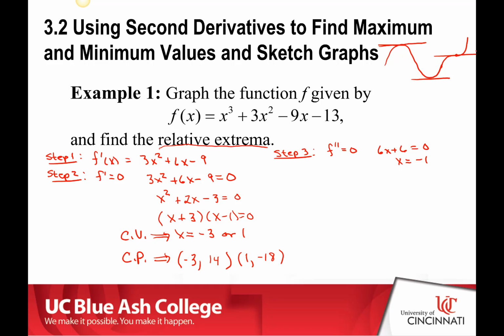The second derivative equal to 0. Now remember what second derivative does. It talks about concavity. If you go from concave up, second derivative positive, to concave down, second derivative negative. If you're going from positive to negative, what do you have to drive through to get from positive to negative? 0, don't you?